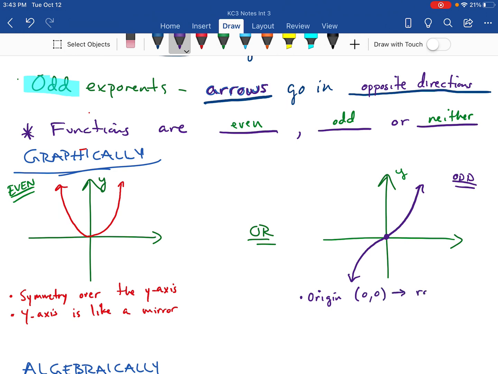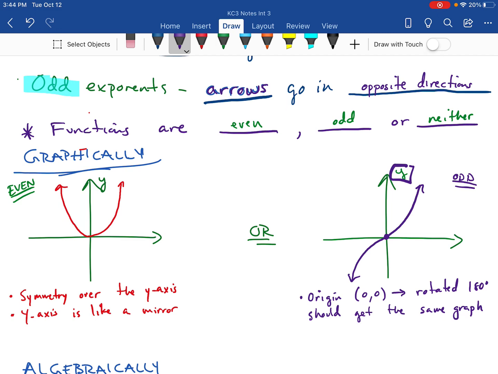If this is rotated 180 degrees, you should get the same graph. Now I know it's a little hard to see, but if I literally turn this whole thing where the top of my graph is now at the bottom, I will get the same graph.